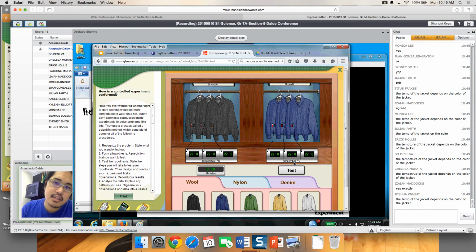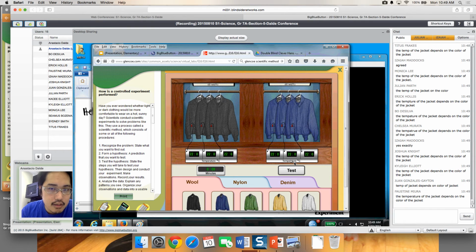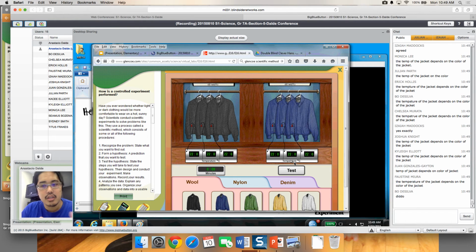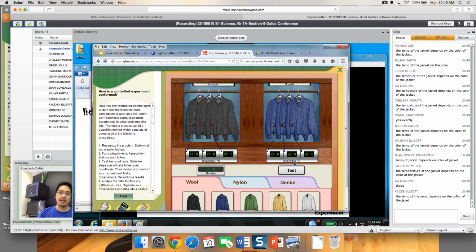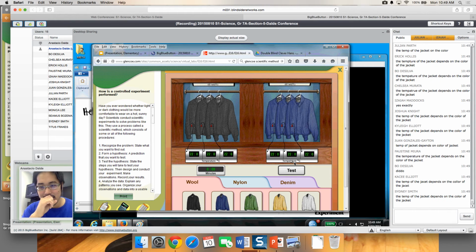So because the temperature of the jacket depends on the color of the jacket, we call the temperature the dependent variable. Why? Because that's what it depends on. It depends on something else. In an experiment, we have two different kinds of variables.